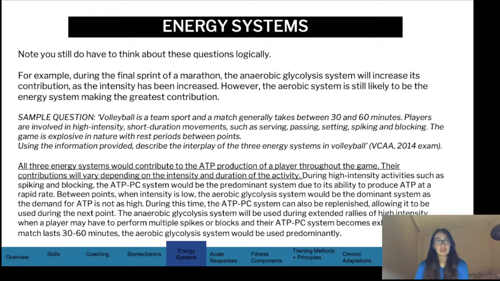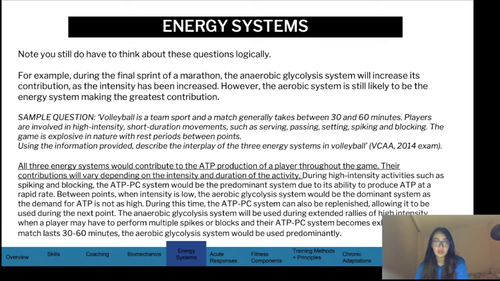You guys have got this slide, and I would like you to use this as a template, because if you can remember how to structure your answers like this, then it should help you on the exam. So here we've got an example question: volleyball is a team sport, and matches take between 30 and 60 minutes, with players having high intensity, short duration movements, such as serving, spiking, passing, blocking, and the games are explosive in nature with rests.